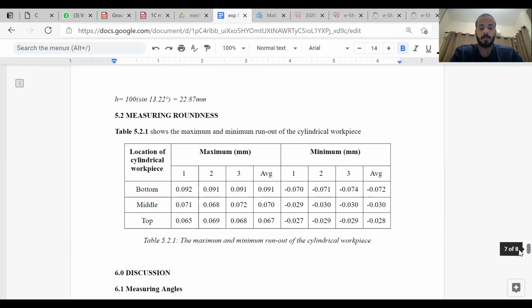Lastly, the top part had an average maximum eccentricity of 0.067 millimeter and average minimum eccentricity of minus 0.028 millimeter.